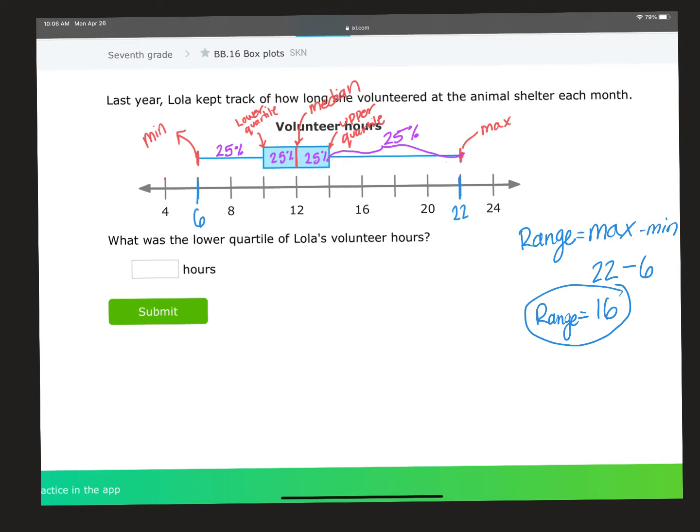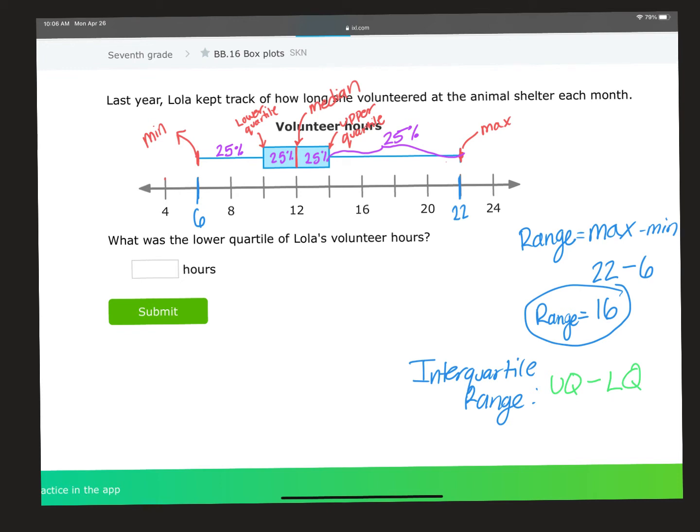Now, when they ask you about interquartile range, that means the end of the box minus the beginning of the box. The upper quartile minus the lower quartile.